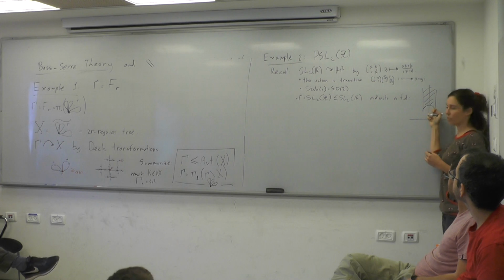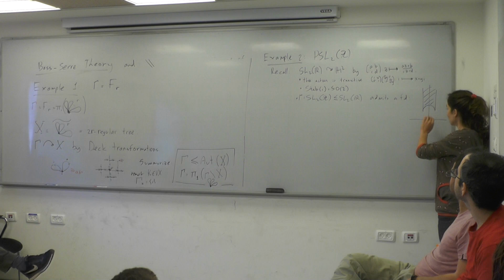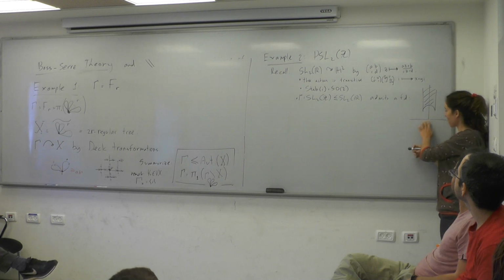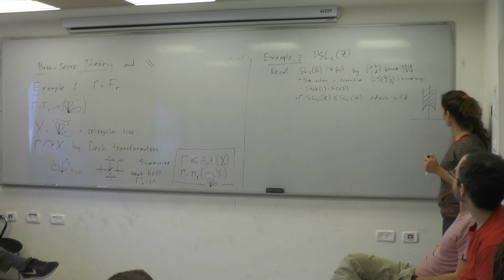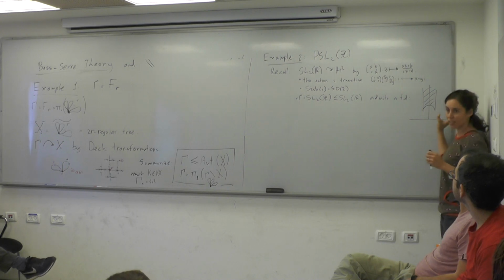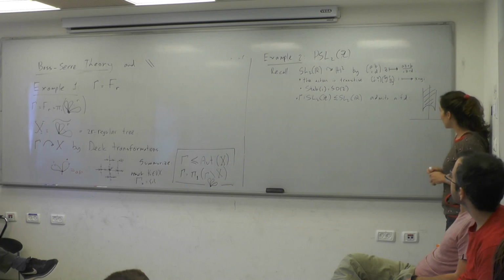This is the set of all z with norm greater or equal to 1, and the real part at most one half in absolute value.